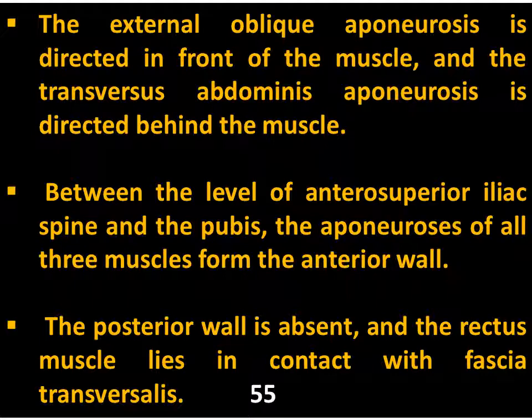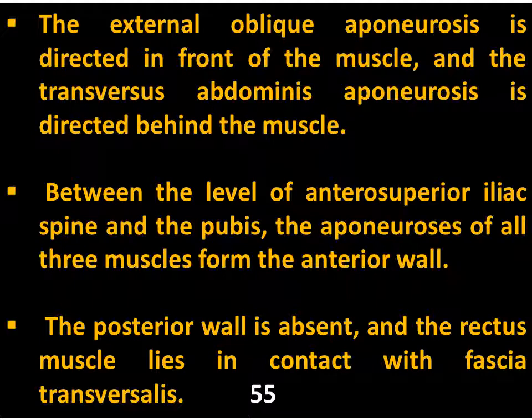Now between the level of the anterior superior iliac spine and the pubis, all the aponeuroses pass in front of the rectus abdominis and all of them form the anterior wall.